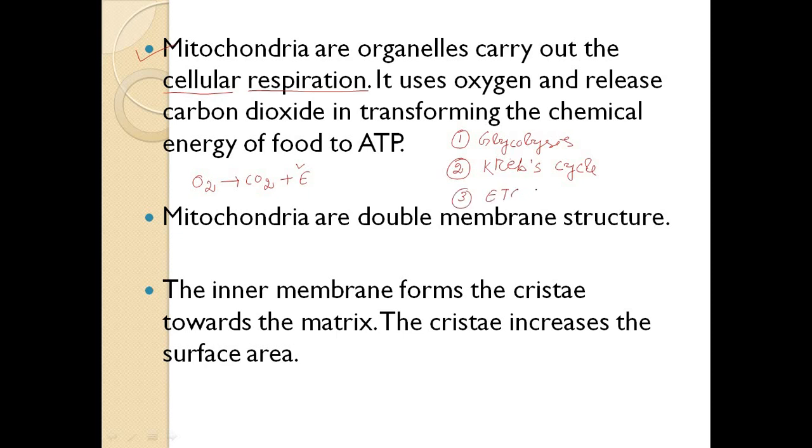Electron transport chain. The Krebs cycle and electron transport chain occur in mitochondria.